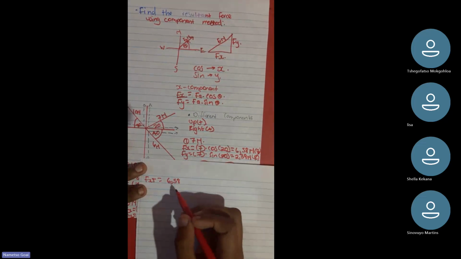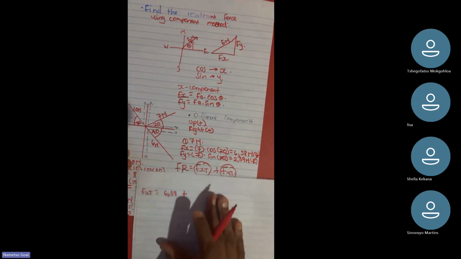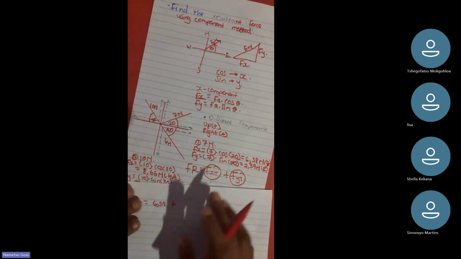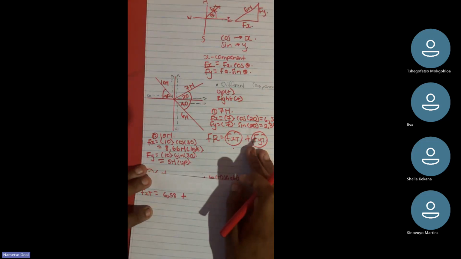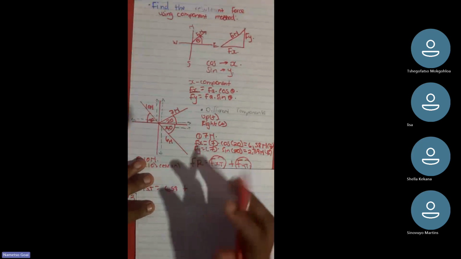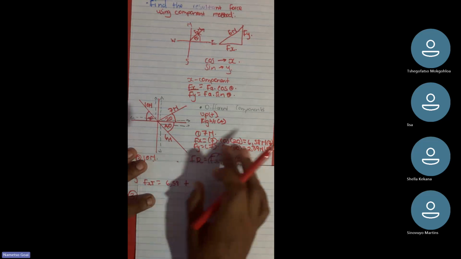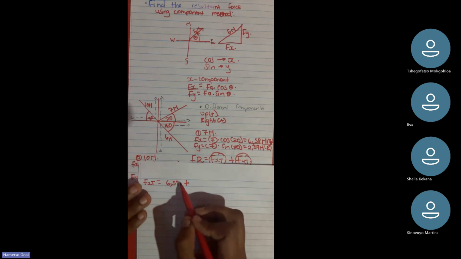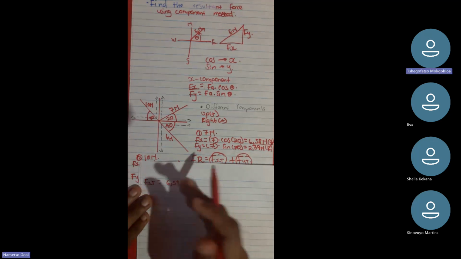So it's going to be 6,58 plus, let's look at the 10 Newton one. Sorry, I made a mistake. It's an Fx. It can't go up. It's going to the right. So this 6,58 is going to the right, so it's positive.